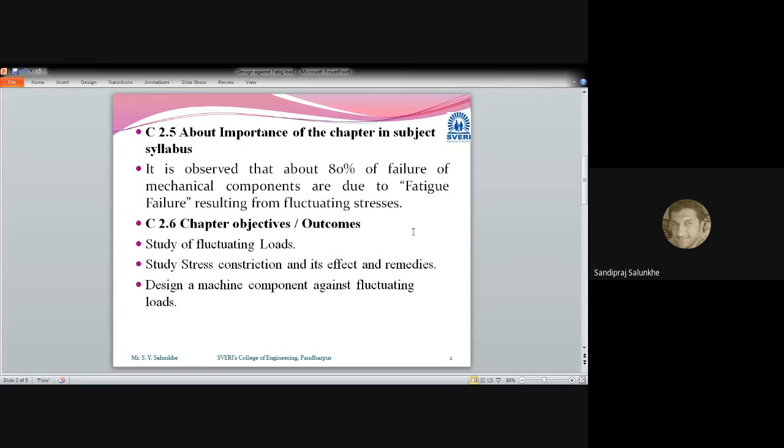But when we are talking about mechanical components, mechanical machineries, mechanical structures, we always have to think about the dynamic loads which are coming on them. And that's why I always say in my lecture that as compared to all other engineering, mechanical engineering is the toughest one. It doesn't mean that we cannot understand it.